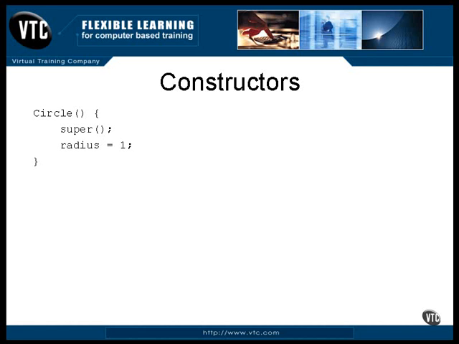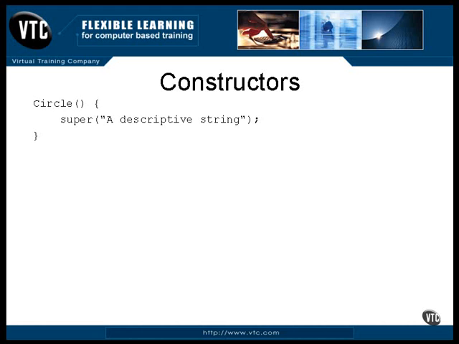Here is an example of the default constructor being used to set the radius. You never see the return statement in a constructor code, but you may see the call to super. The only reason that you would ever want to code your own call to the superclass is if you wanted to call some constructor of the superclass other than the default constructor.